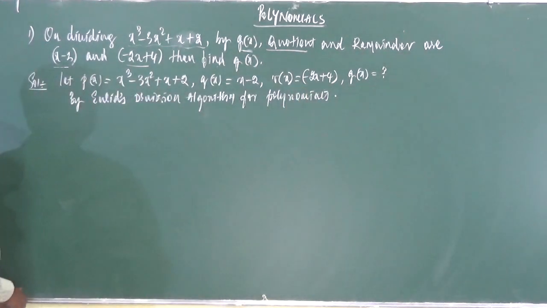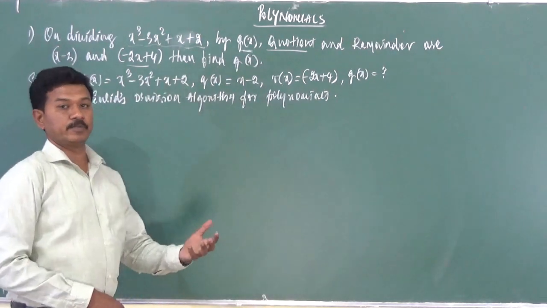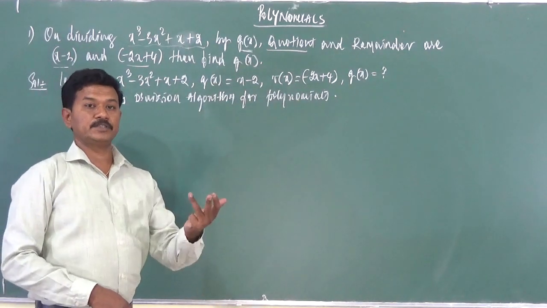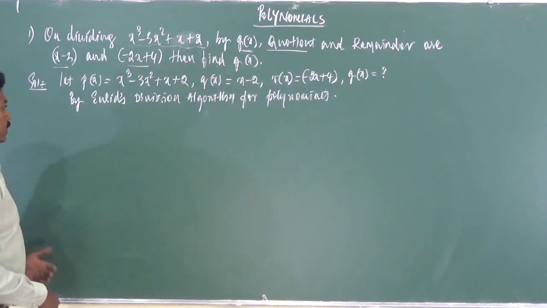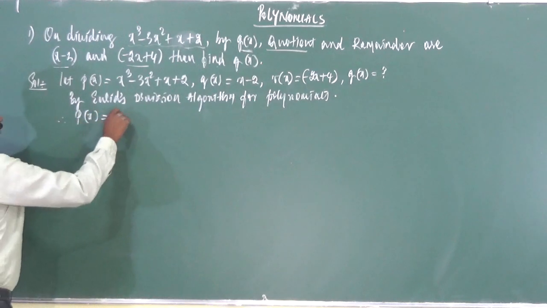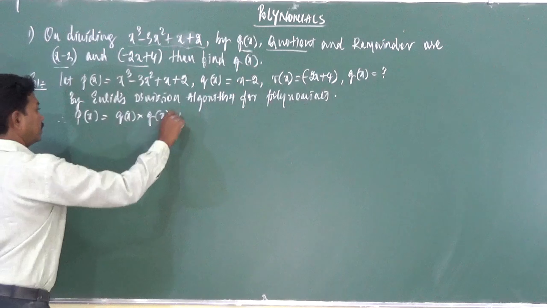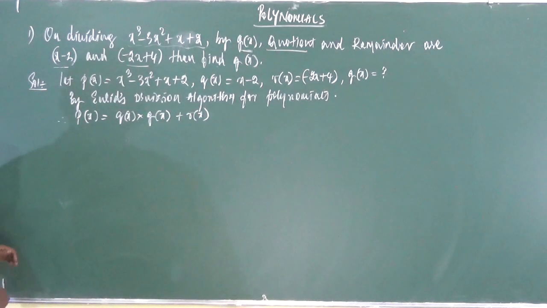This algorithm for polynomials given by Euclid gives the relationship between p of x, g of x, q of x and r of x. So that relation we are going to take up. Therefore p of x is equal to q of x into g of x plus r of x. This is the Euclid's division algorithm for polynomials.